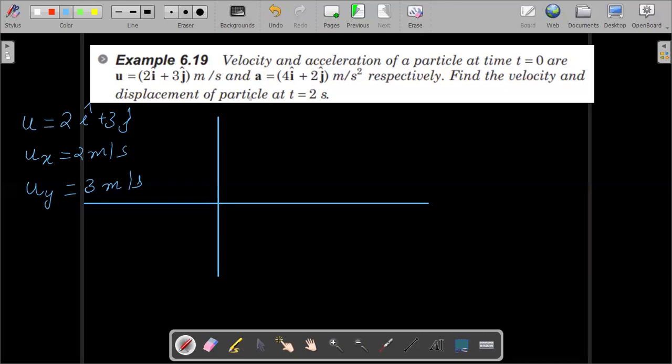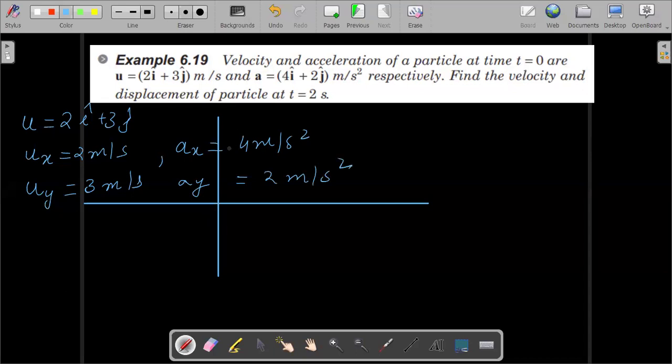The acceleration along the x-axis is given to be 4 meter per second squared, and along the y-axis 2 meter per second squared.